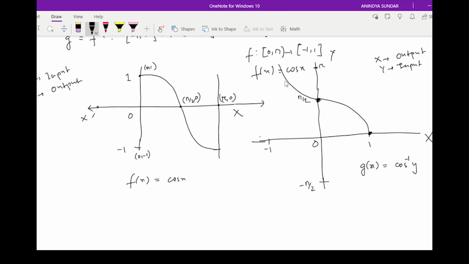And now the inverse function has also decreased. So that means both cos x and cos inverse y are decreasing functions.